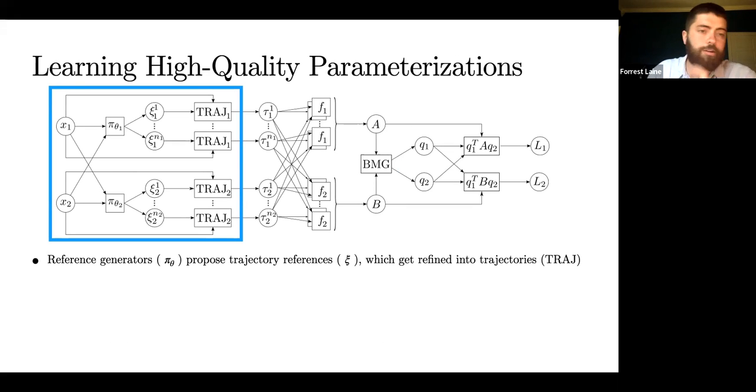The only neural networks that we had in this whole pipeline were basically these pi theta function approximators. In practice, these pi thetas were relatively small neural networks, and all they did was go from state combos, x1, x2, which in this case were relatively low dimensional signals.